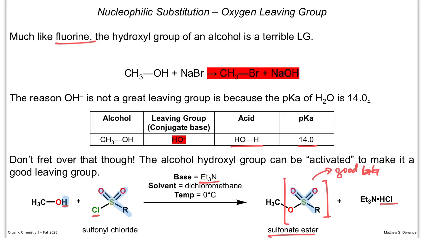We produce what we want, and then this small molecule HCl, and we neutralize it with the base. So this oxygen gets bonded to that sulfur, and then HCl is a byproduct. So mechanistically, let me show you how that happens.